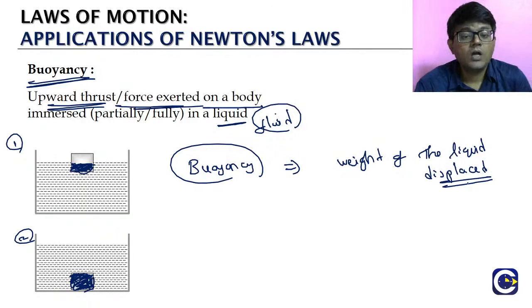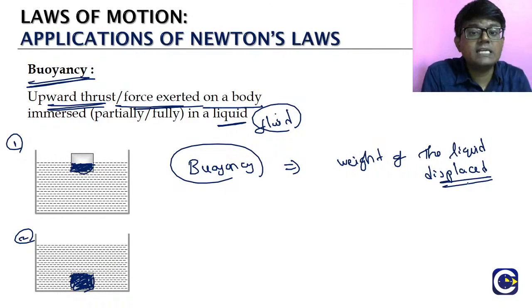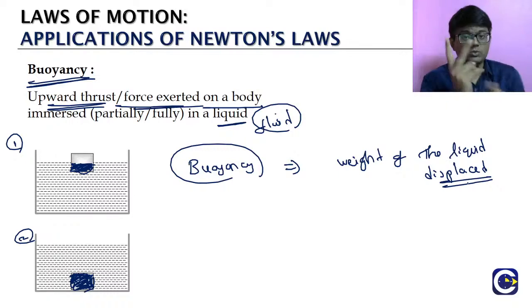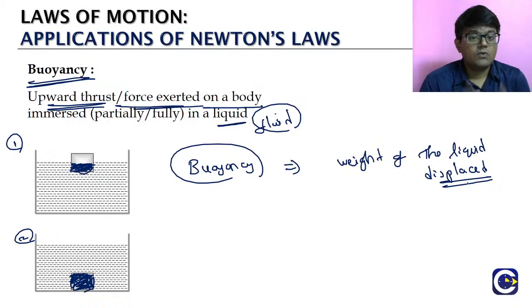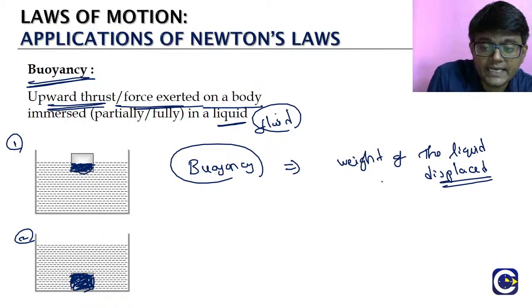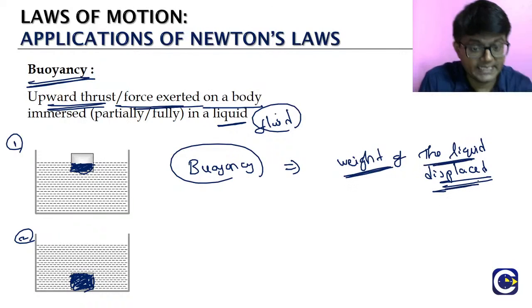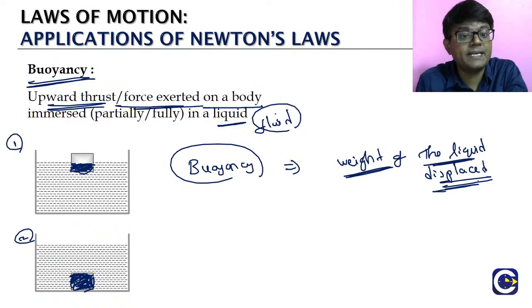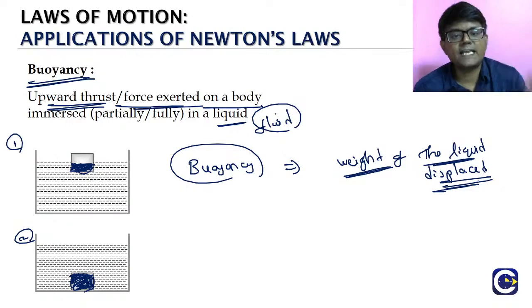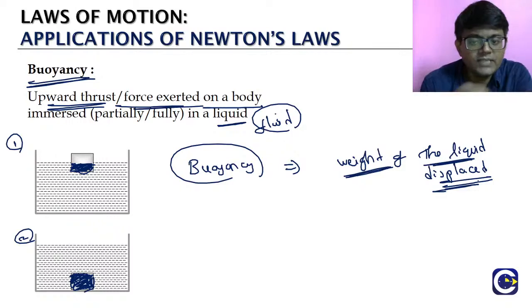Now how will we calculate the weight of the liquid displaced? First we will see that. Then we will see why the buoyancy is equal to the weight of the liquid displaced. So two things we have to do here. One, we have to check how we calculate the weight of the liquid displaced, because the statement is that buoyancy is equal to the weight of the liquid displaced by the immersion.